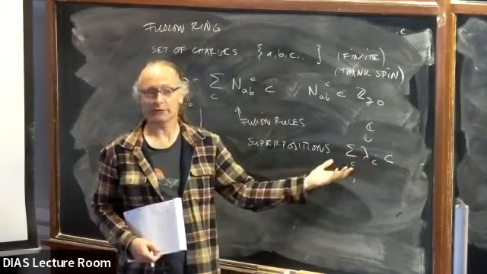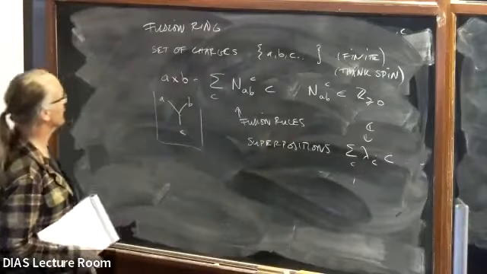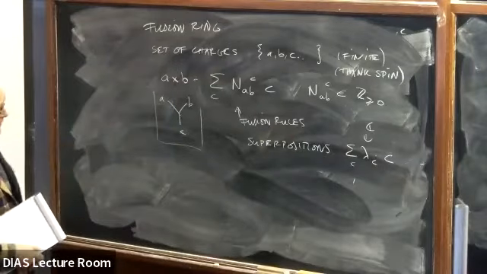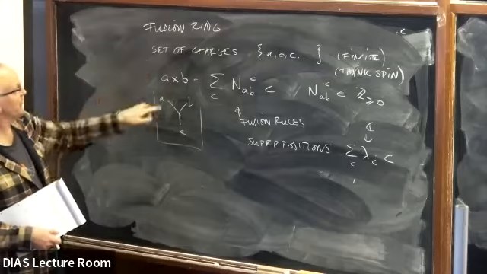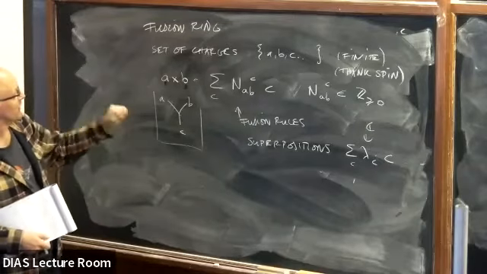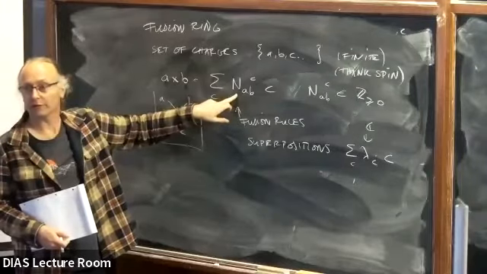It makes it into a ring, in fact an algebra over the complex numbers, so we also have multiplication by scalars. This algebra doesn't have to be Abelian, because I don't require A times B to equal B times A. But the special thing about this algebra is that it is based on charges where the structure coefficients are these non-negative integers.